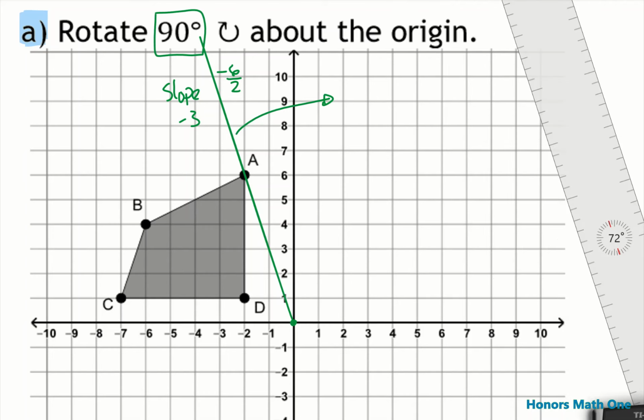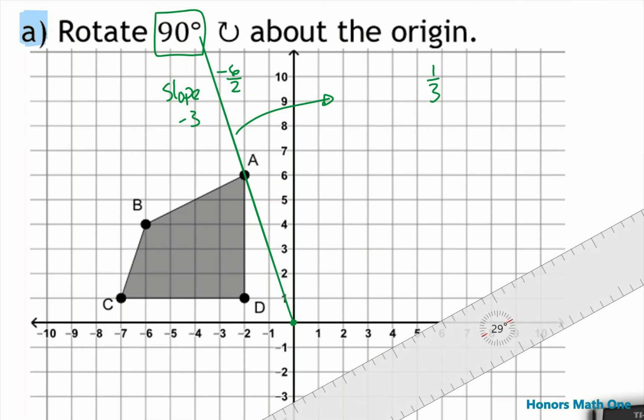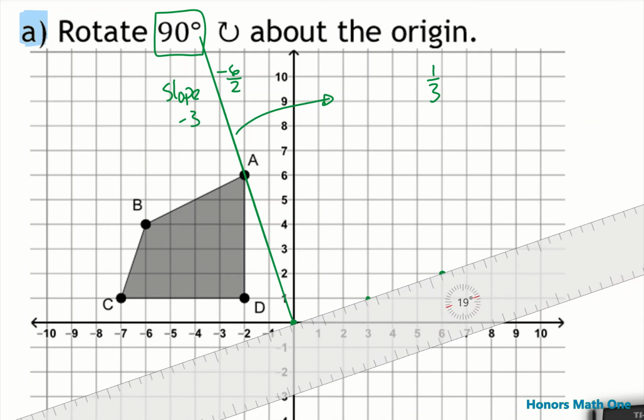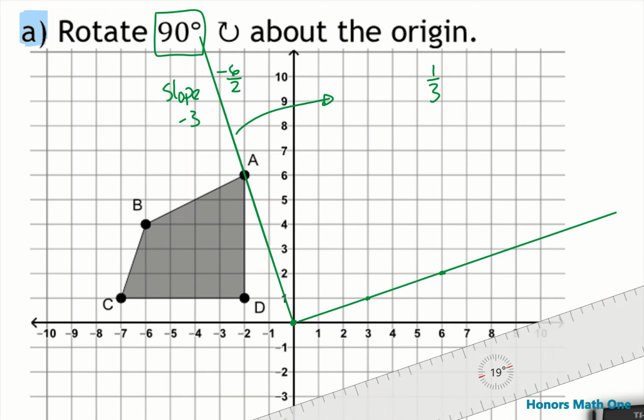If I go up 1 over 3, I can see that this point A is going to live at the second dot that I've drawn. So I can extend this line through here and label this as A prime. So A prime lands at x is 6 and y is positive 2.